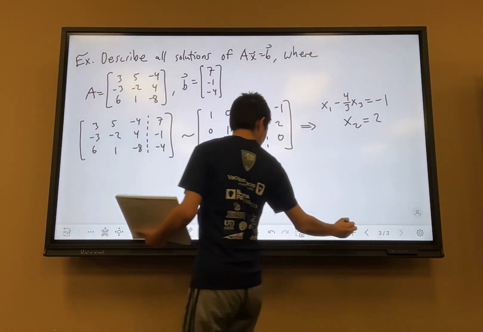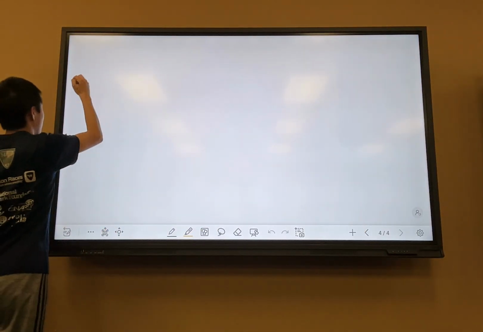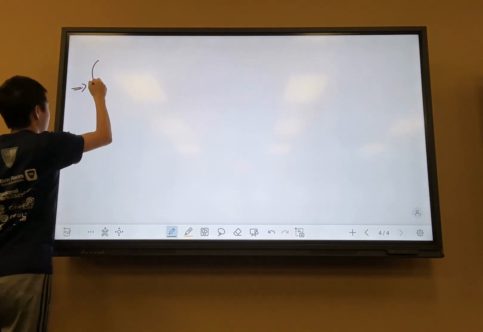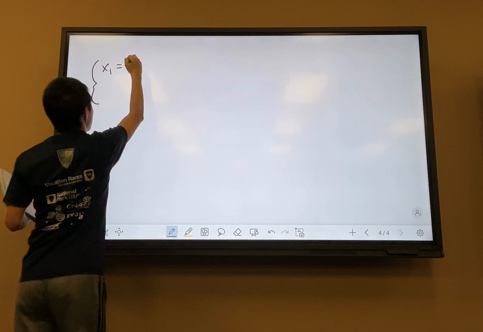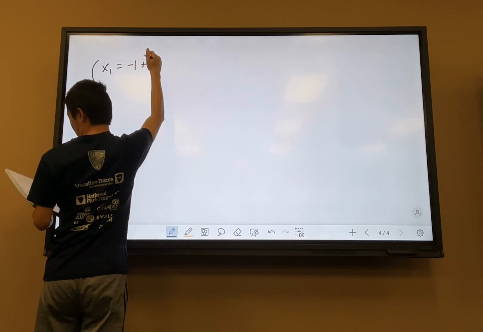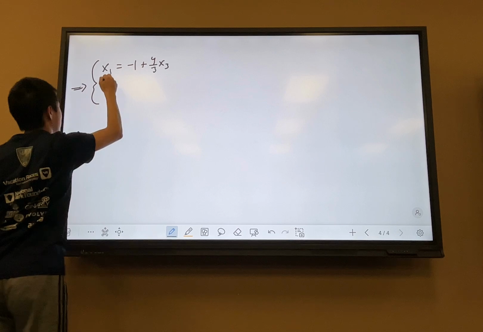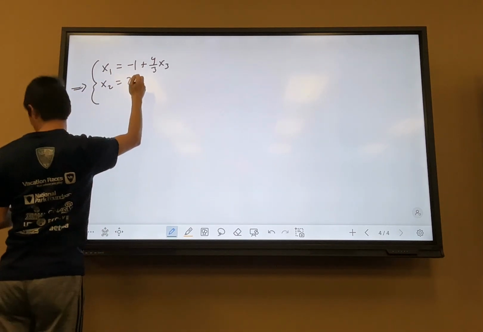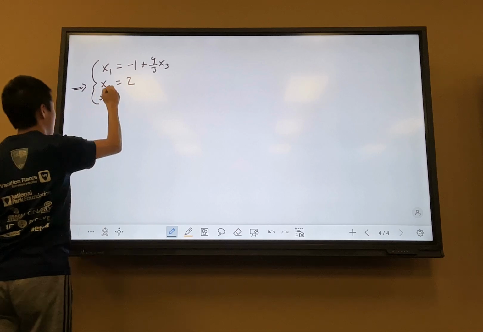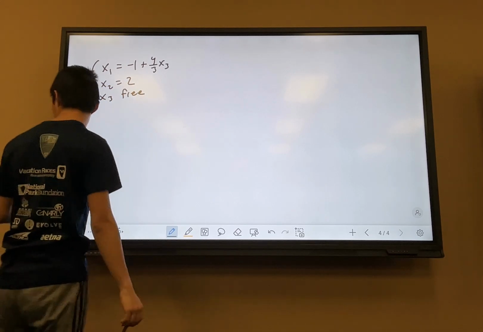If I want to represent this solution parametrically, that implies a parametric solution description. x1 is equal to negative 1 plus 4 thirds x3, x2 is equal to 2, and x3 is allowed to range, so x3 is free.